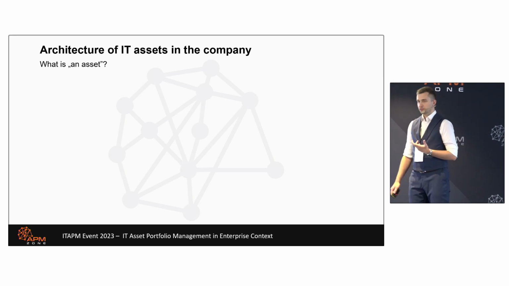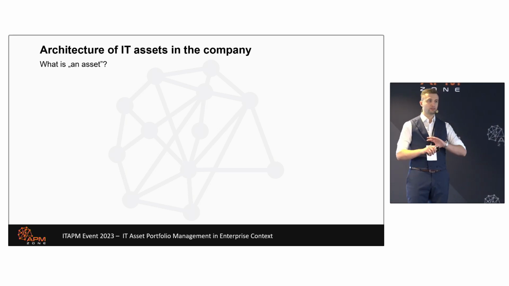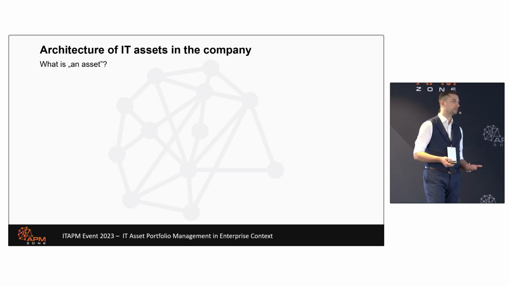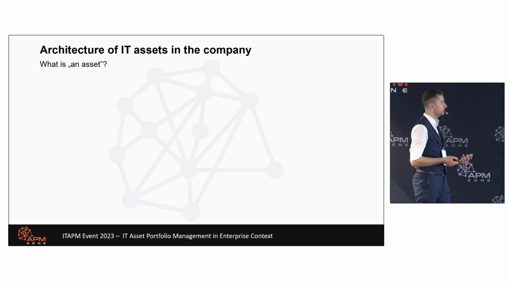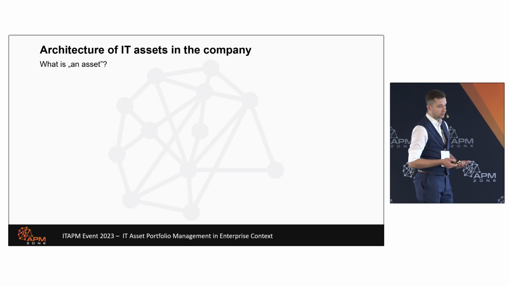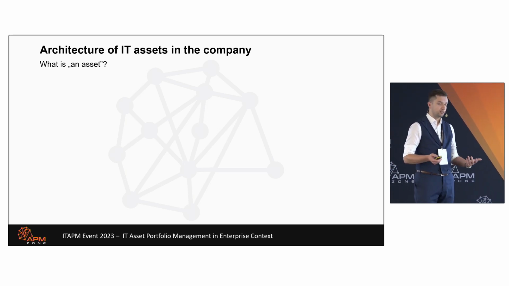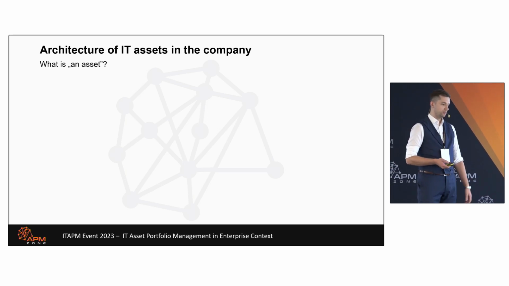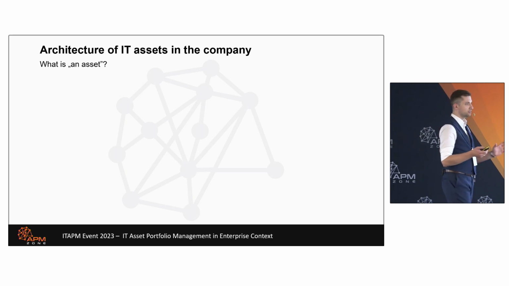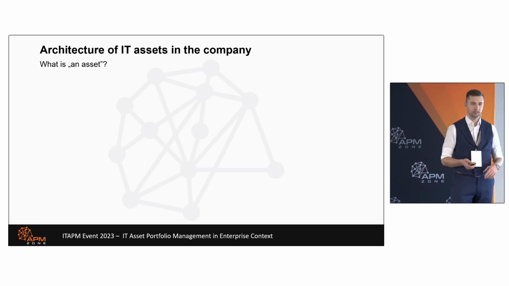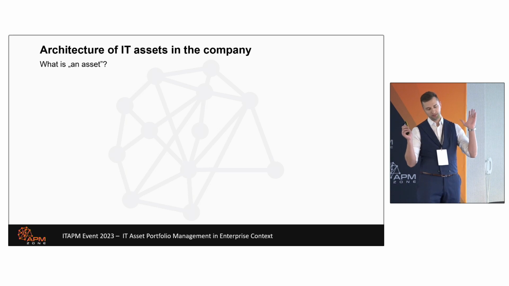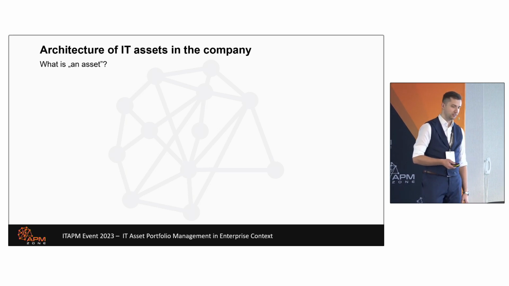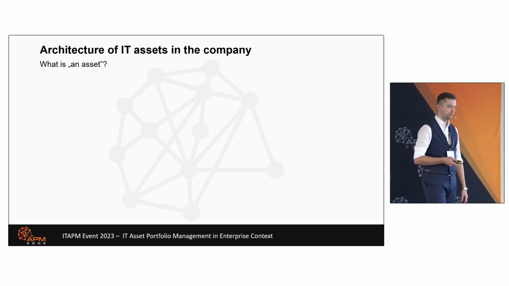First and foremost, an interesting part in many discussions is always the simple question of what is an asset or what is a service. It poses a lot of discussions because everyone has their own definition. Is the asset a server or not? Are people assets or not? People are not assets because these are persons and not things.